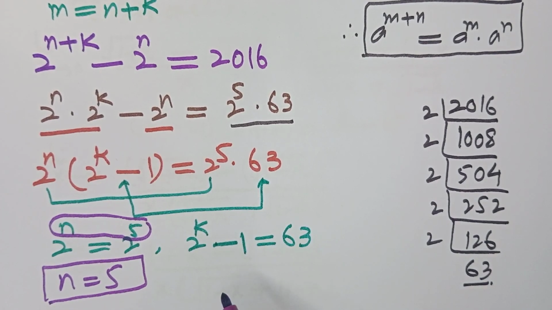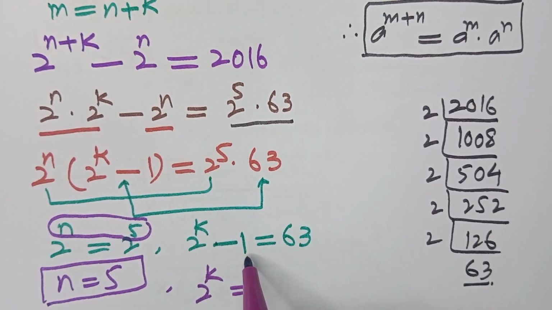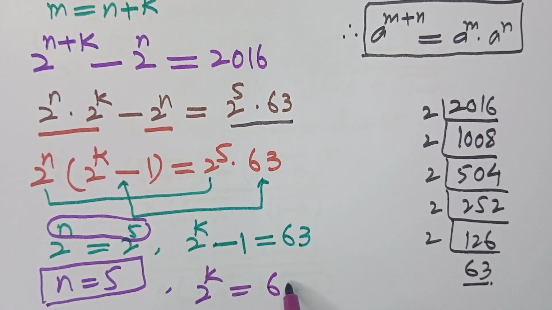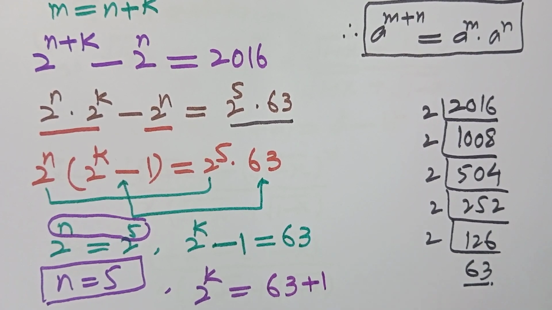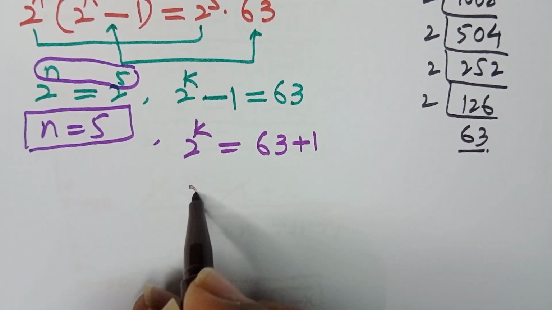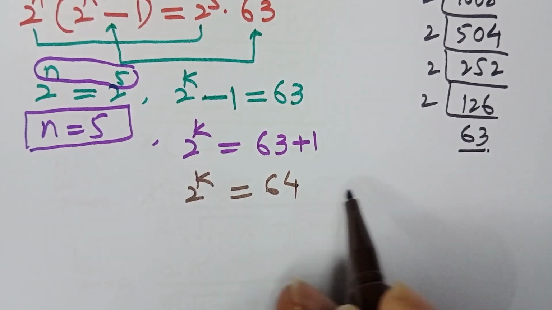Now we have to determine the value of m. So here 2 power k minus 1 is equal to 63. Minus 1 moved to the other side becomes positive, 63 plus 1. So 2 power k is equal to 64.